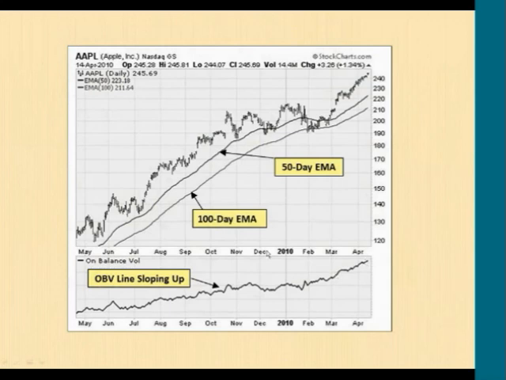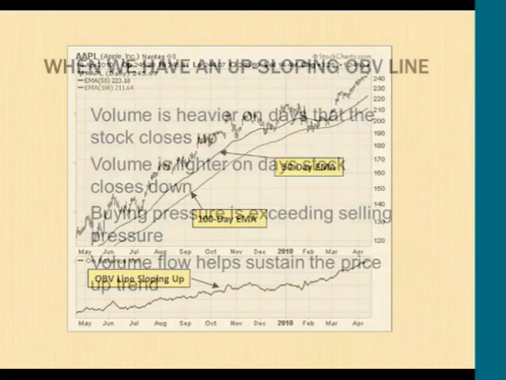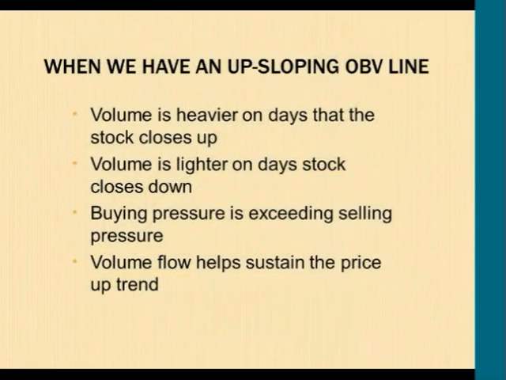And if we do, then that confirms this price uptrend, because we know there's volume flow behind this price up move, and of course this volume flow helps sustain the price trend. So when we have an upsloping OBV line, volume's heavier on the days that a stock closes up, and volume is lighter on days that a stock is closed down. So that's an indication that the buying pressure is exceeding the selling pressure, and that the volume flow will help sustain that price trend.